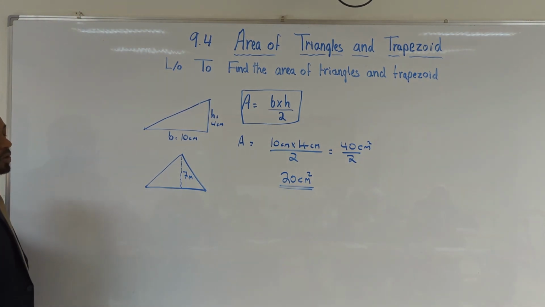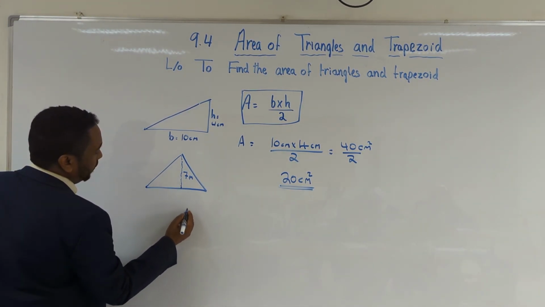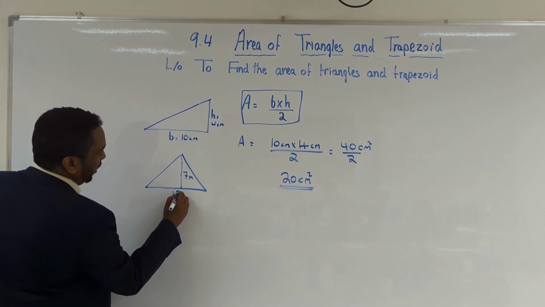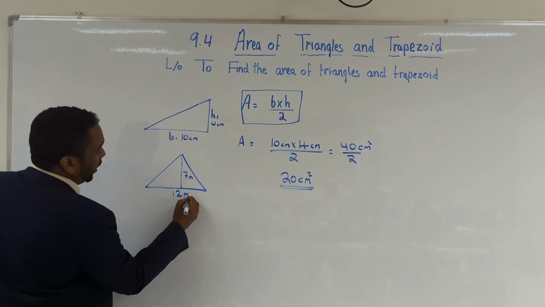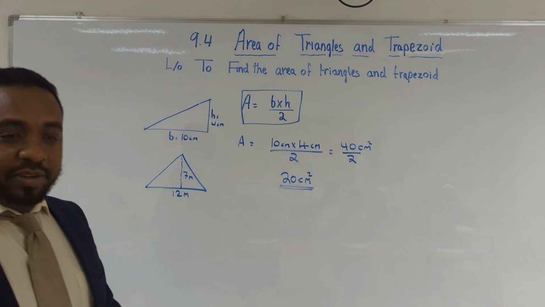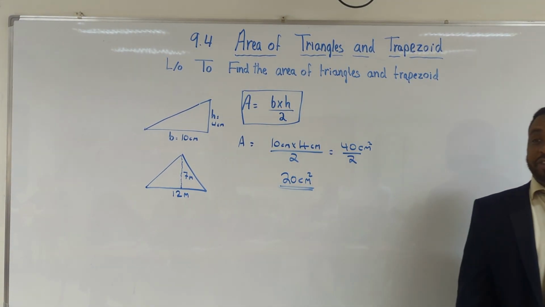And on the bottom, the base, we will have 12 meters. Can you all work out the area of this triangle? Let's go for it. I want you to write it down in your book and work it out, please.